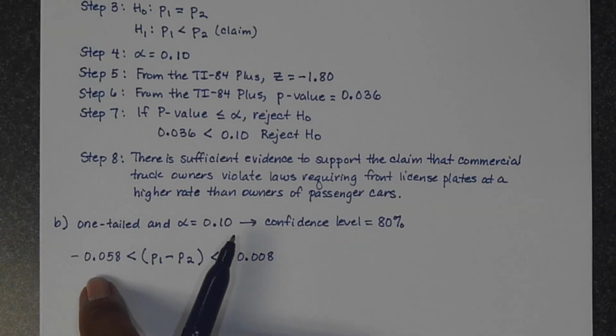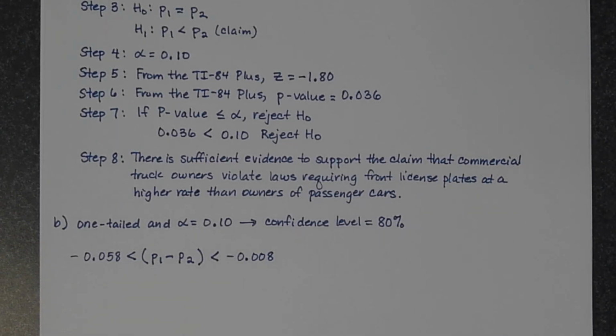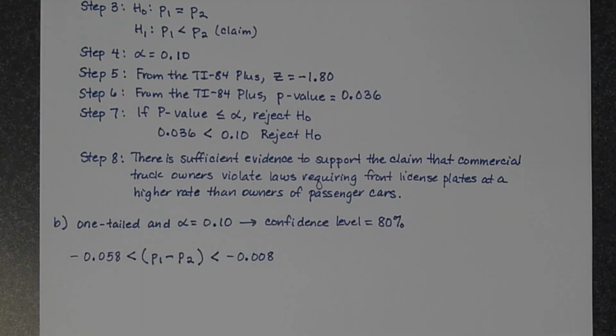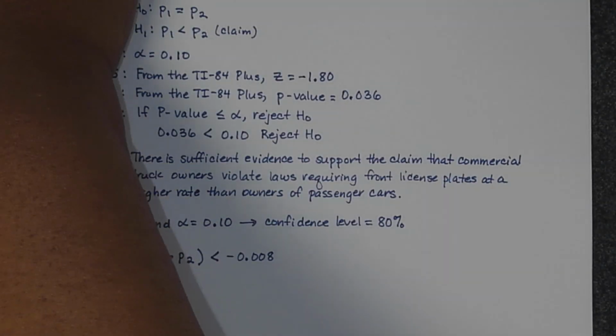And as you can see, they're both negative. Zero is not included. That means we can conclude that there is enough evidence to support the claim that commercial truck owners violate laws requiring front license plates at a higher rate than owners of passenger cars. Okay, so that's how we do problem number 1.